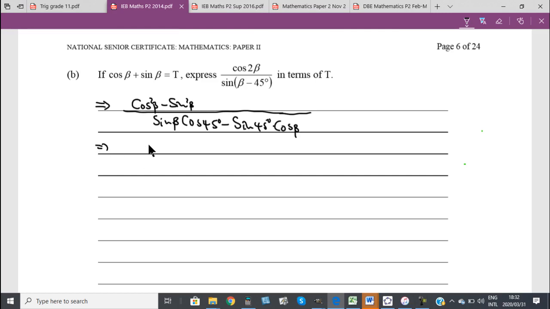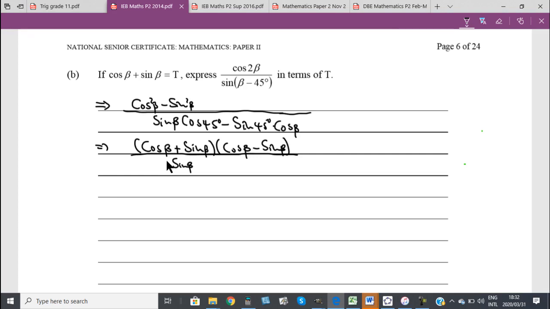Okay, and then I'm going to factorize that and say it's cos beta, or let's go for plus first, plus sine beta, and then multiply by cos beta minus sine beta. Everything over sine beta. So this will just be sine beta.